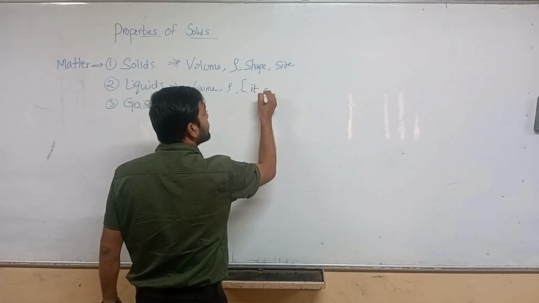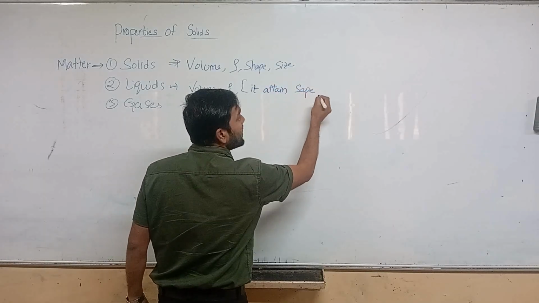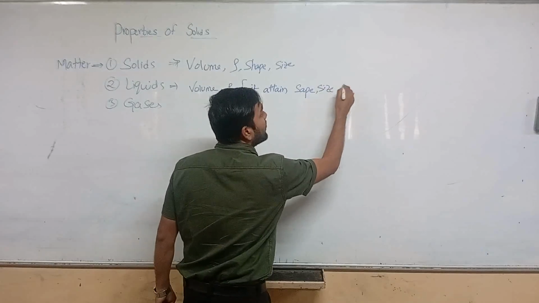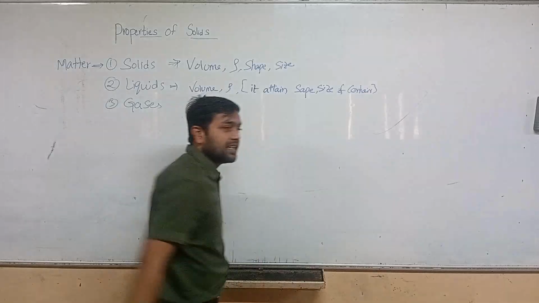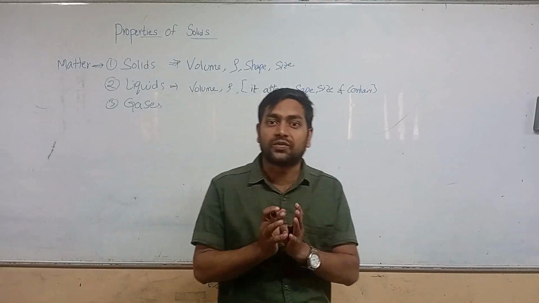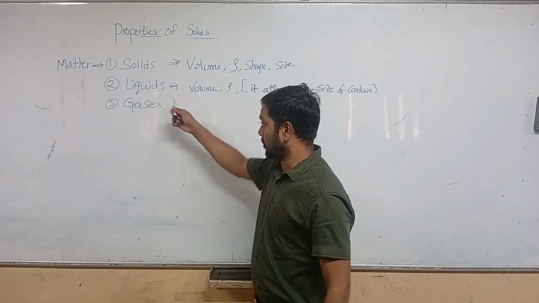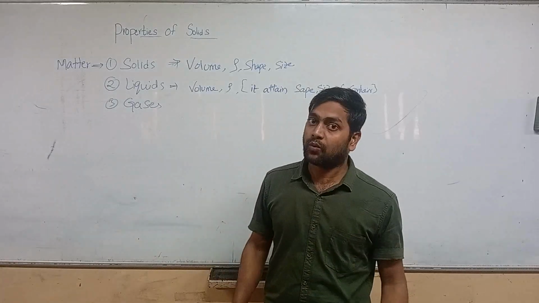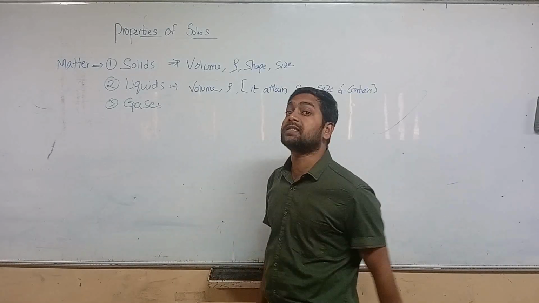A liquid attains the shape and size of its container. Container means the object we are taking for the liquid. Let us take the water bottle. The water in it is a liquid, whereas the bottle is a solid.